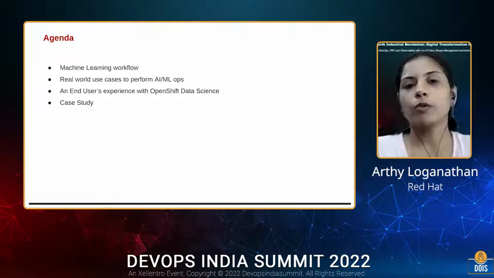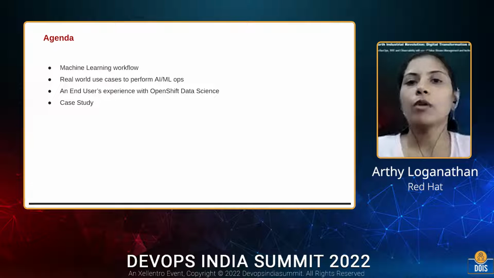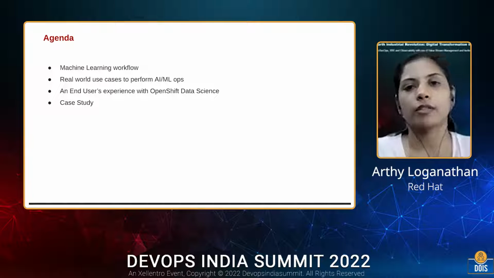What I want you to experience today from this talk is how can we make data scientists' lives easier? So how can we make their work more efficient? And how can we get the work that they produce to integrate into applications?